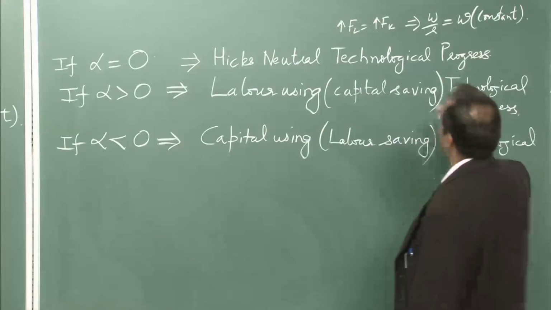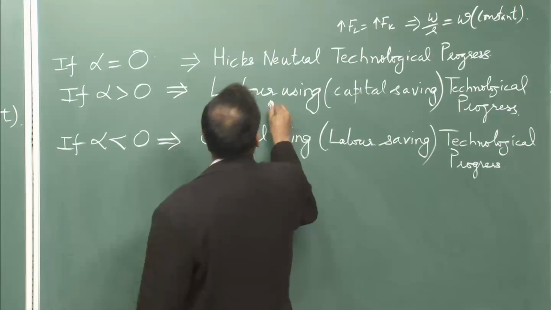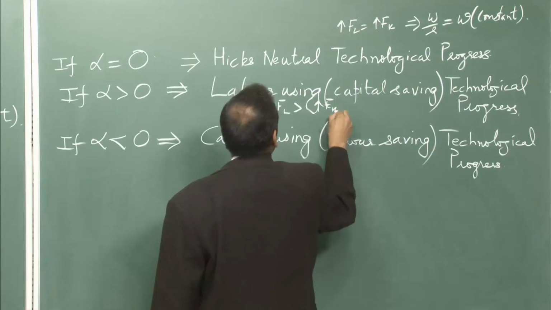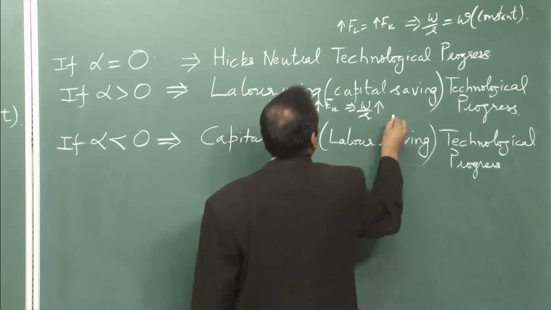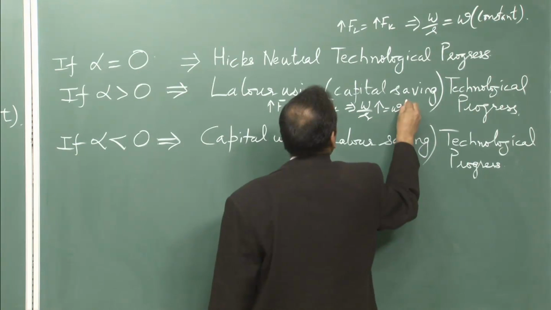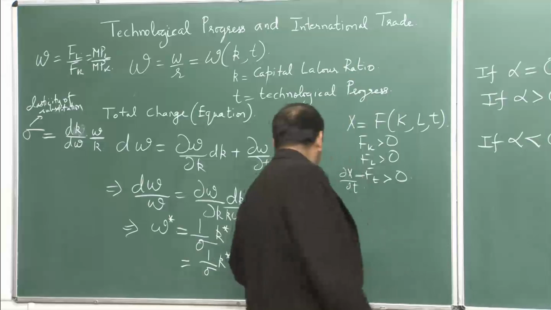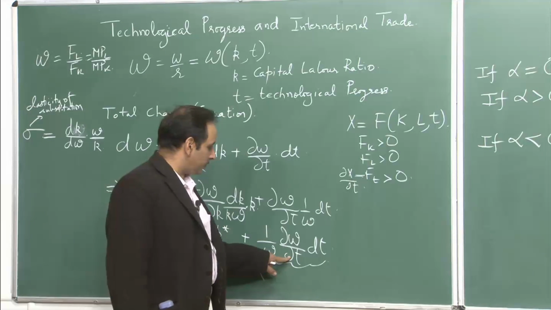Labor using technological progress means that the increase in FL is greater than the increase in FK. This implies that W by R ratio goes up, which is equal to omega going up. If omega goes up, del W by del T, you see this to be greater than 0.